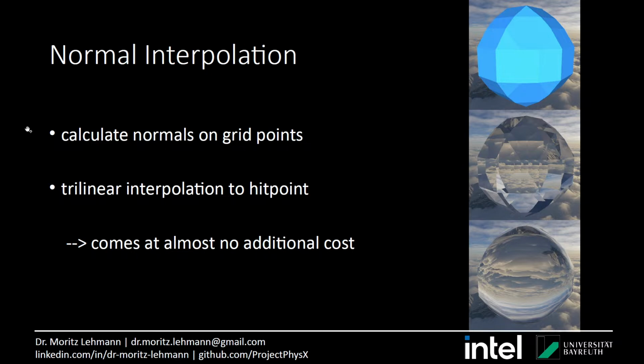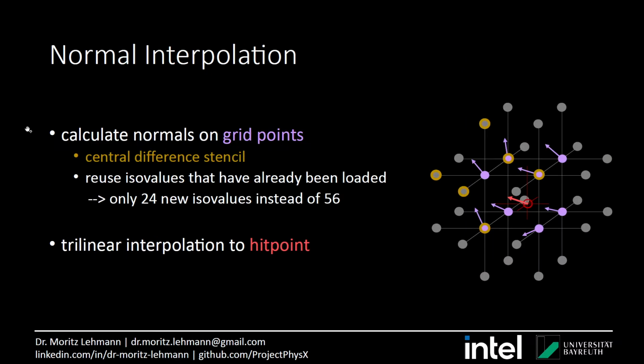And then the next slide is just this memory load stencil for the normal interpolation for each of the 8 cube corner points for marching cubes. I need another 6 grid sets as a stencil for the finite differences. And in this case, I'm reusing the 8 purple points that I already loaded for marching cubes, so it reduces the memory access.